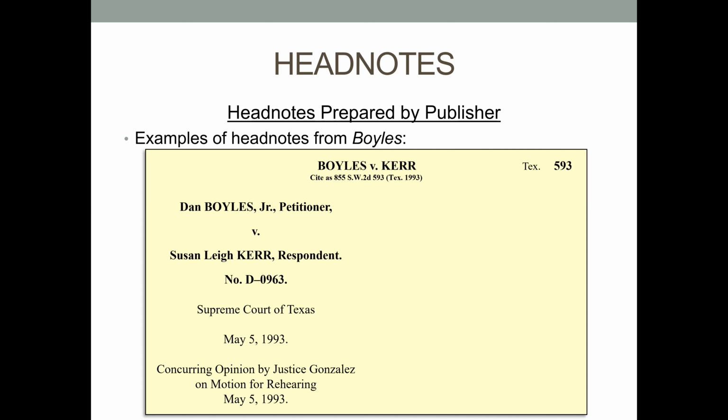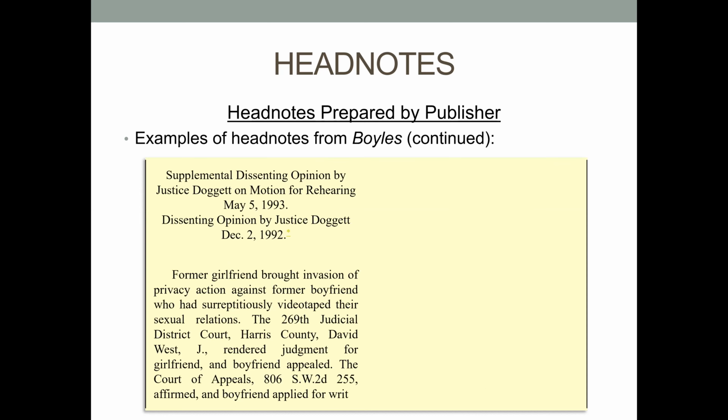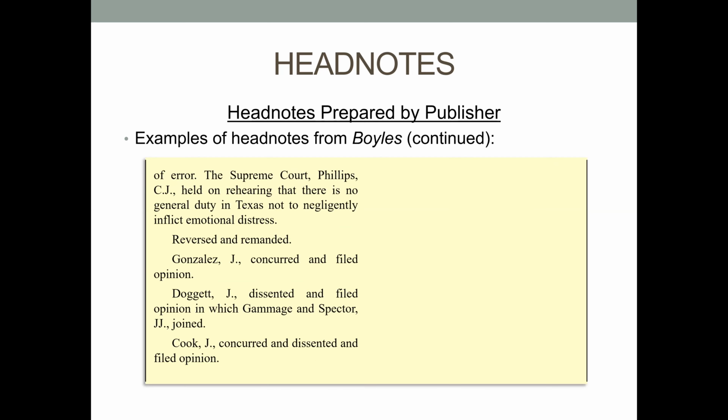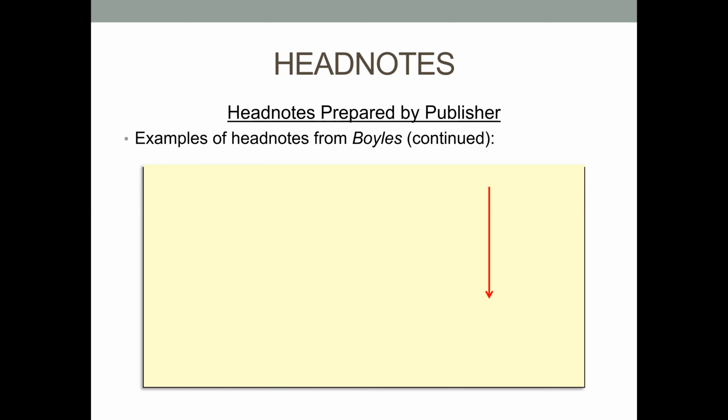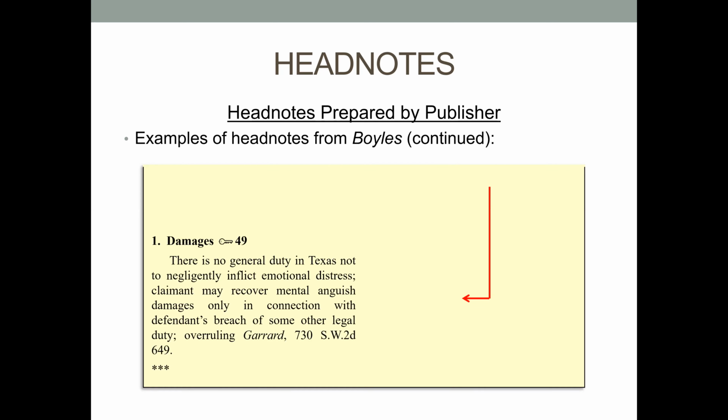And so to see the head notes begin, you would look past the basic case information at the top of the left-hand column. And it just so happens that in this particular case, the first head note appears at the bottom of the left-hand column. So here it is.